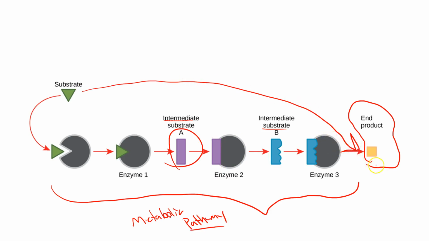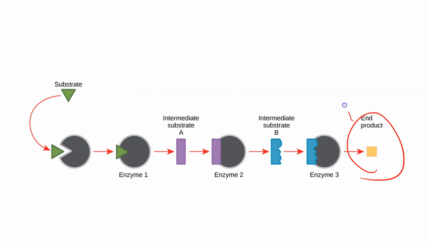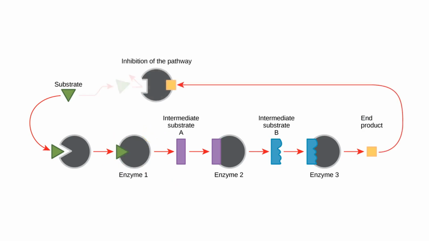Well, once this thing is made, it oftentimes will go back and attach to the initial enzyme and shut it off. Okay, so you might see it going back and changing the shape of, let's say, the first enzyme so that the substrate can no longer bind. And that's good because it means that you can't have a reaction proceeding too fast.